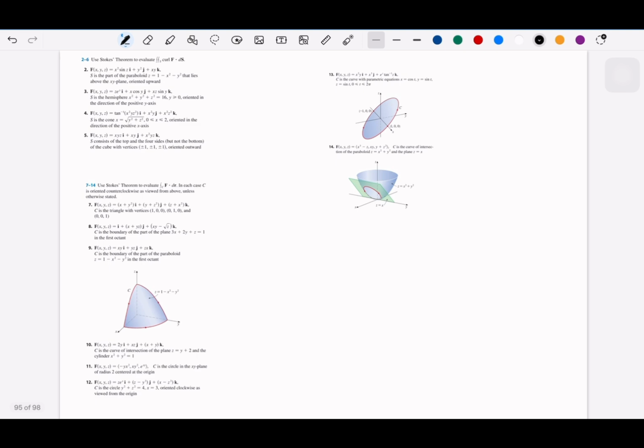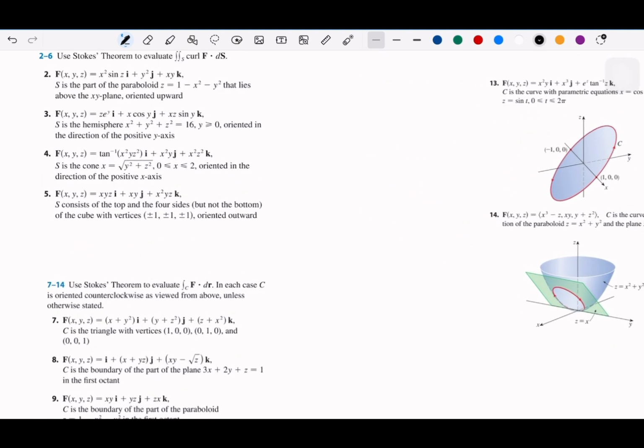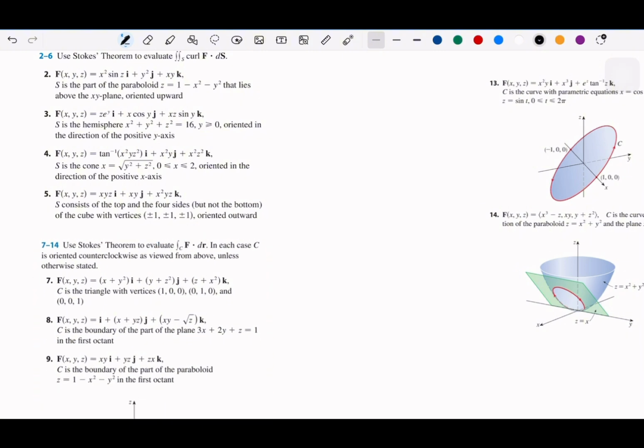I have prepared them here. The first part of questions on the top is evaluating the surface integral. The second part, which is the bottom one, is evaluating the line integrals, which basically are going to be equal with each other, but how to convert both of them.